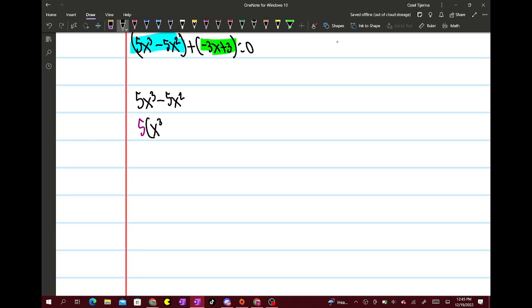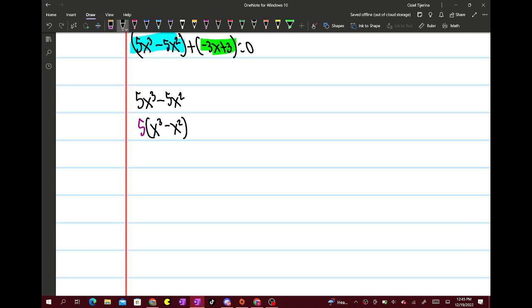So 5 times x cubed minus x squared. And notice that we still have a common term here. Looking at the lowest degree, that's our greatest common factor, right? So x squared would be factored out.